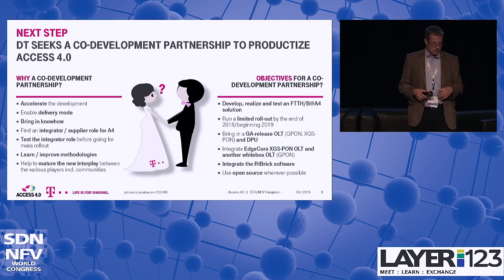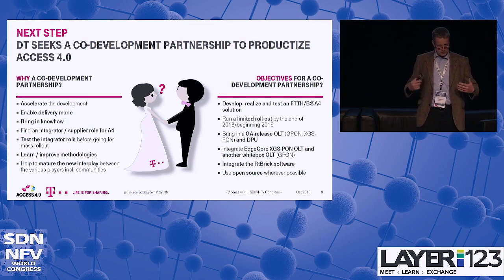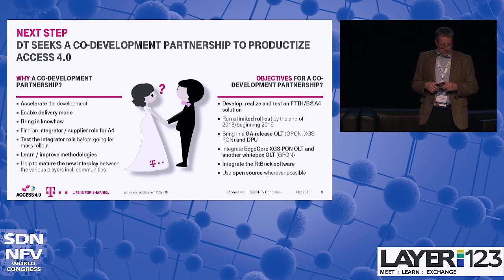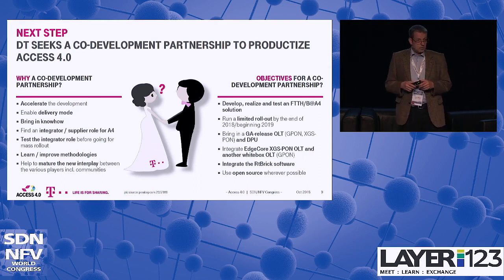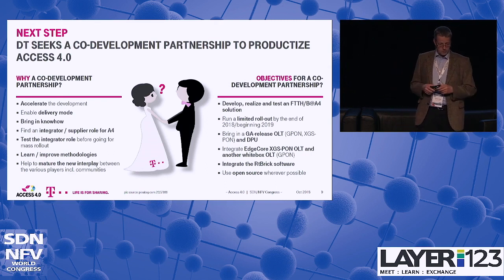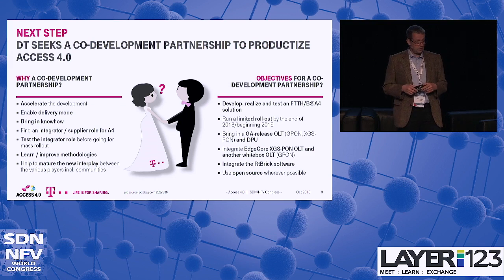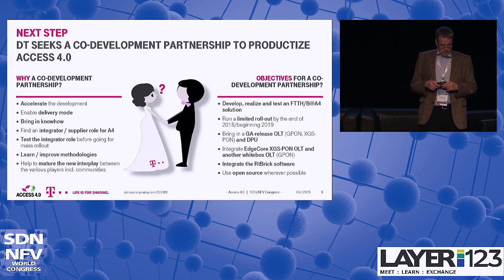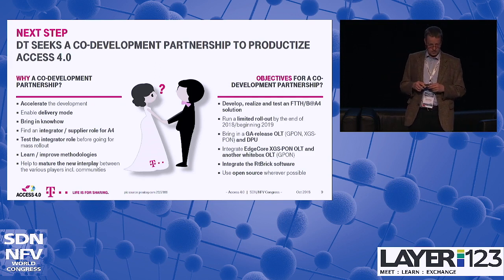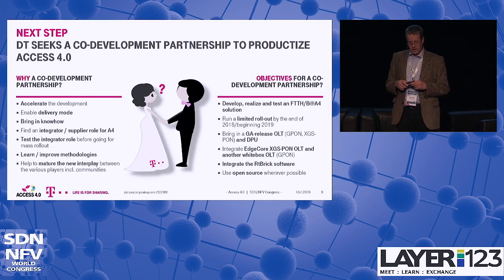This has not been finally developed, but is still work in progress, and we have to share the same vision on that. The test integrator role is also very important before going to the mass rollout. And of course, it's a continuous process of learning and improving methodologies. This helps to mature the new interplay between the various players, including the development and the communities.